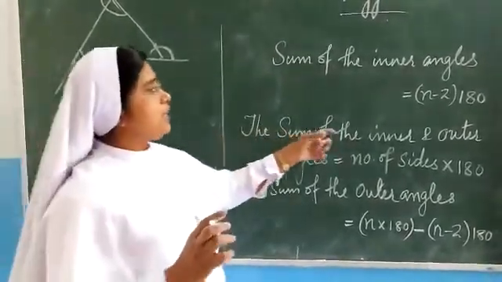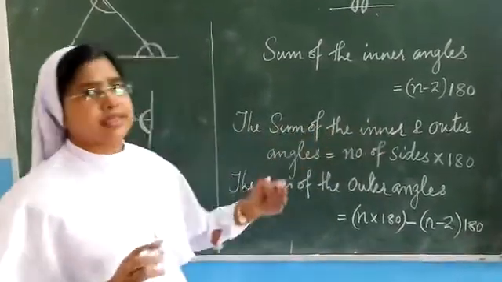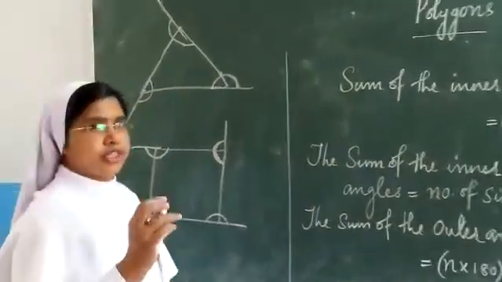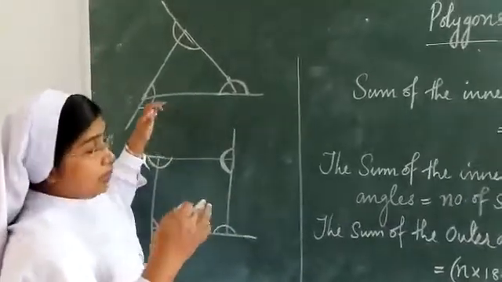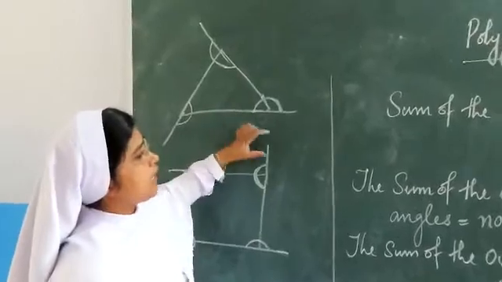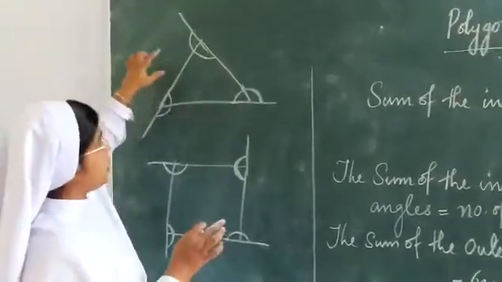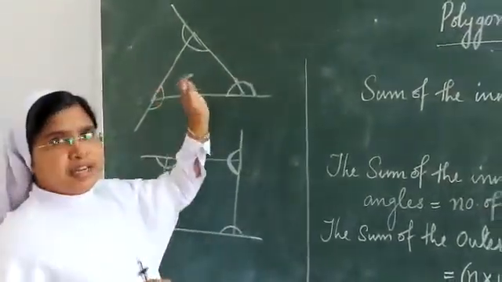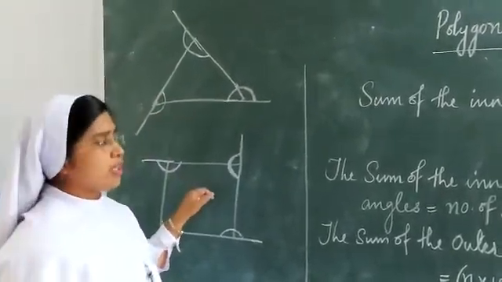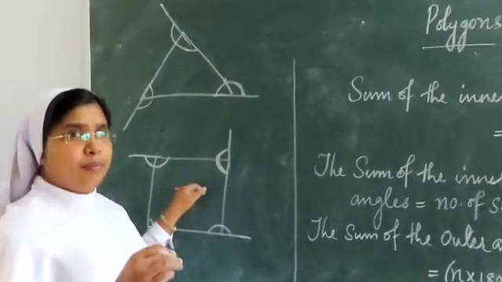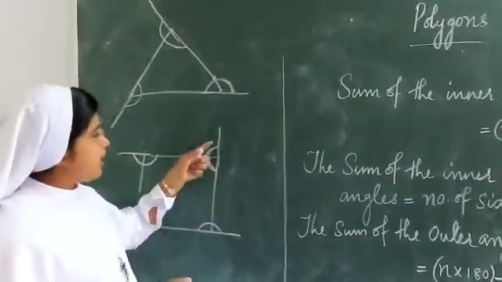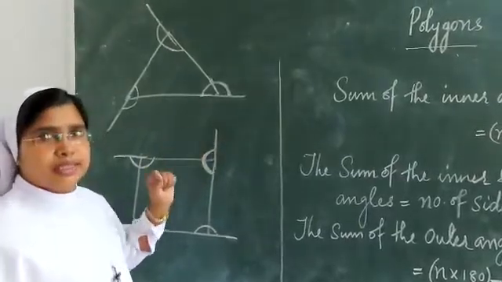Now the sum of the inner and outer angles. How will you find out? For each polygon it is different. It varies. So number of sides into 180. Here how many sides are there? 3. 3 into 180 you will get. Now for a quadrilateral, the sum of inner and outer, the total sum, both inside and outside.